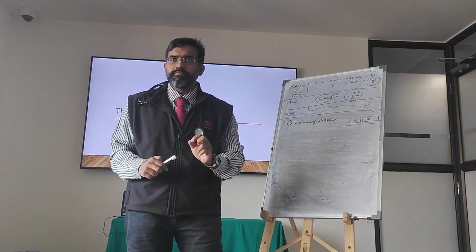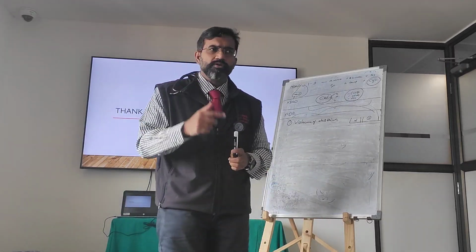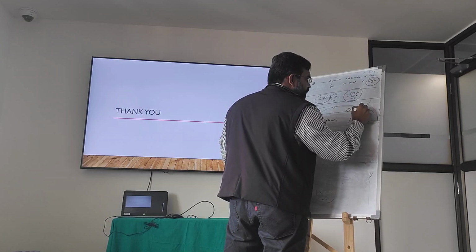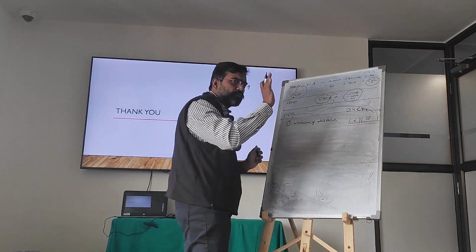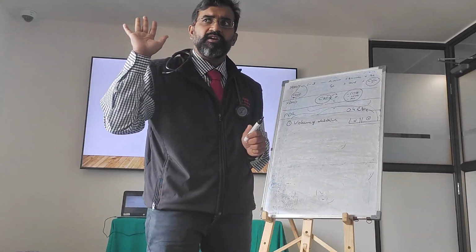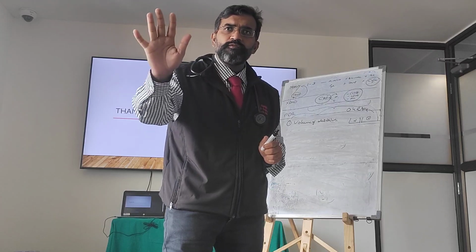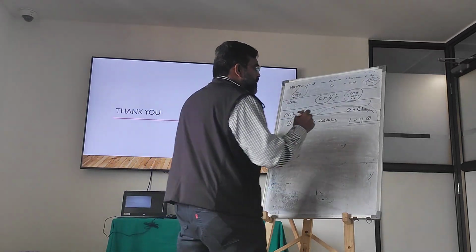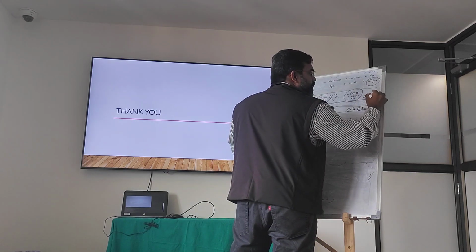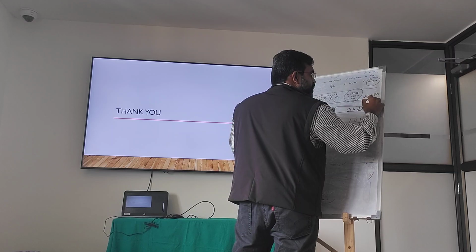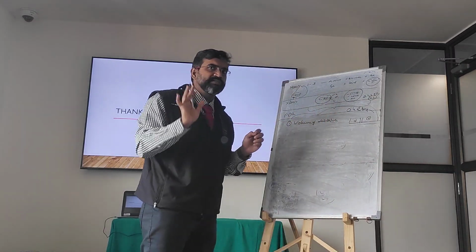For example, the extracellular fluid in your body is 0.4 liters per kilogram. 0.4 liters per kilogram means how many liters? 0.4 into 50 is 20 liters.